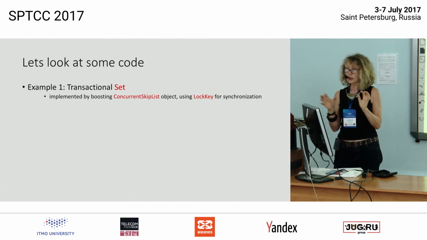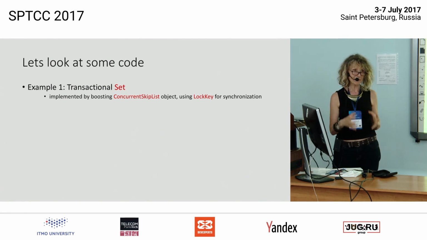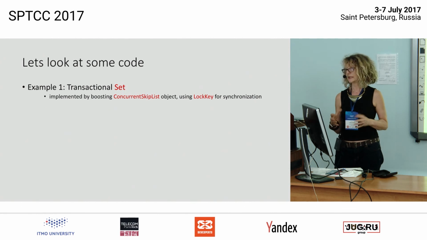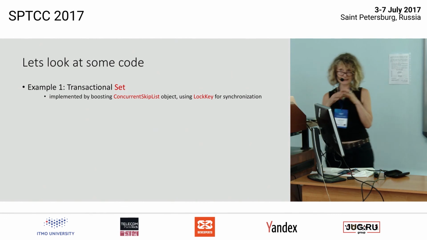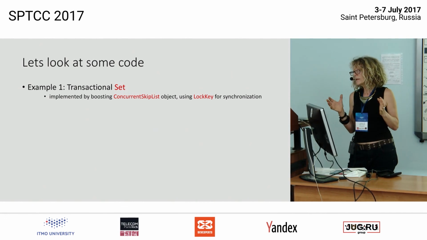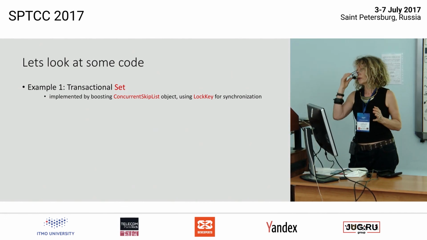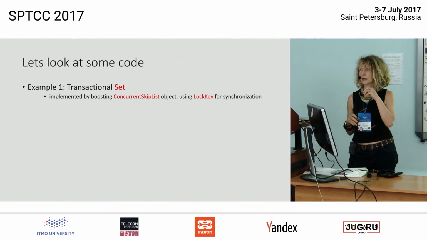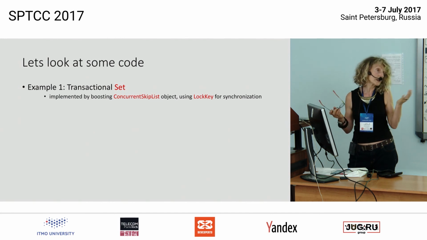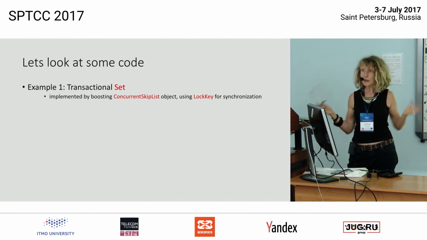Now, let's look at some code, because maybe that will make it more concrete. So let's say I have a transactional set. My set is implemented using, I looked at the Java library, there is a concurrent skip list. Skip list is great for a set. The operations are logarithmic, so it's a good data structure. It's highly concurrent.